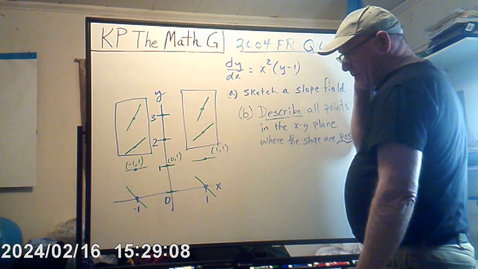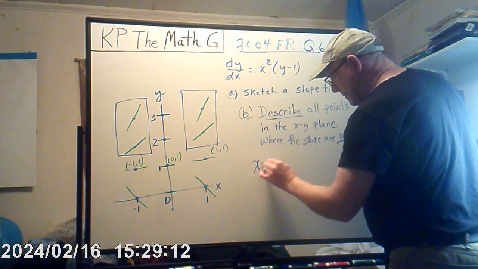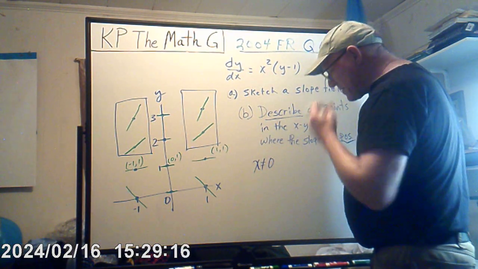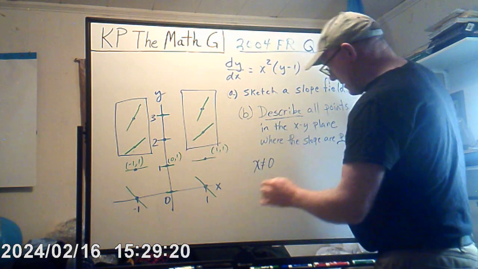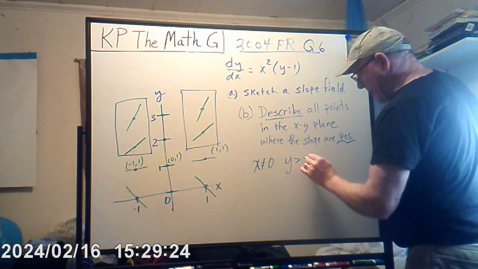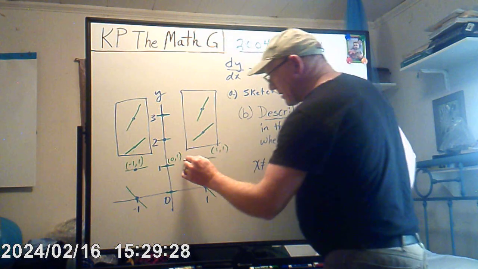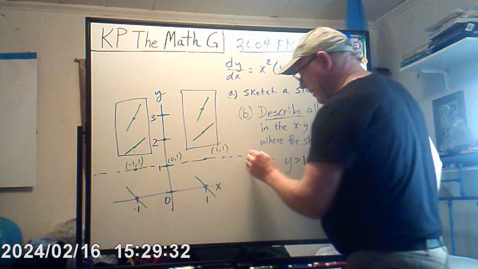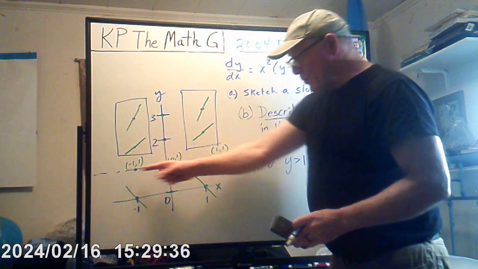So what we're saying here, x cannot be 0. X is not equal to 0. And then, of course, y is greater than 1, right? Because if y is greater than 1, like that right there, I'm just dotting the line y equals 1.